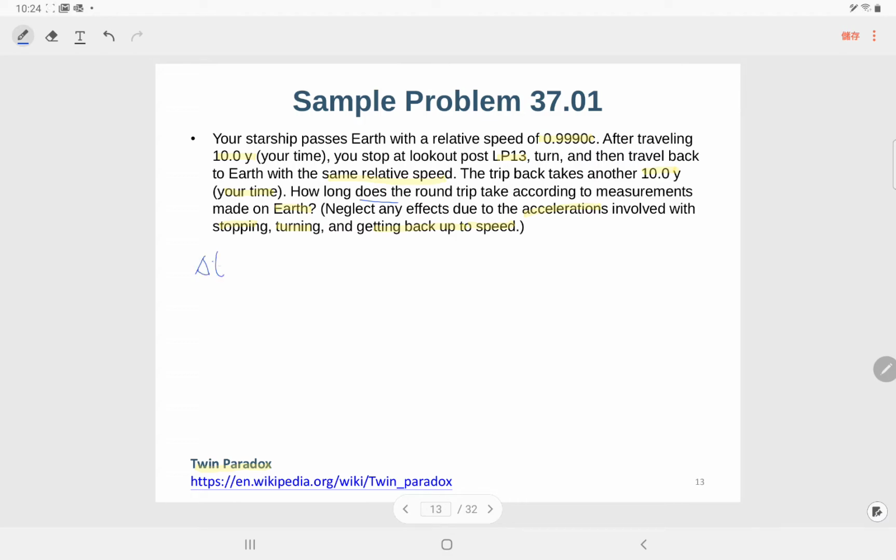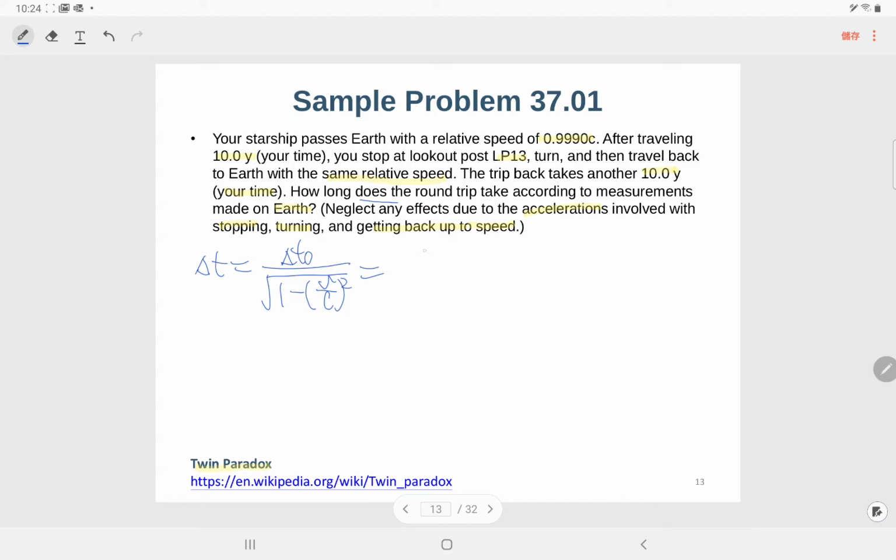Delta t equals delta t0 over the square root of 1 minus v over c squared. So you just need to make use of this simple equation. So 10 years is your time, which means the proper time. You only have one clock.